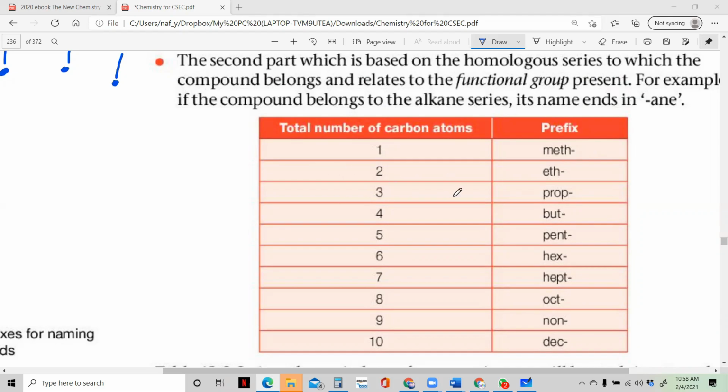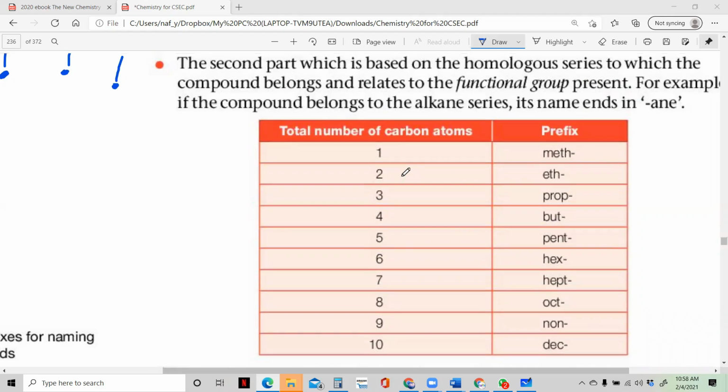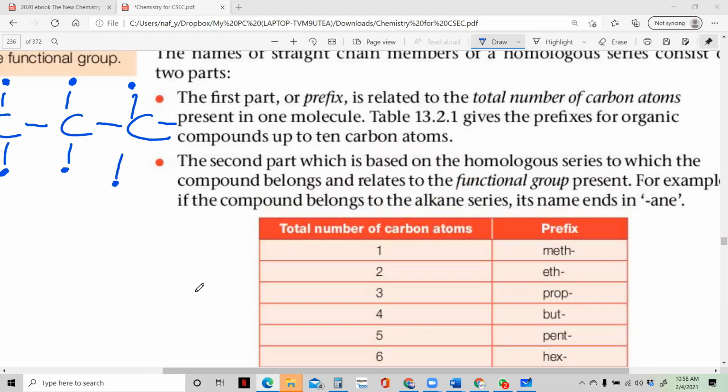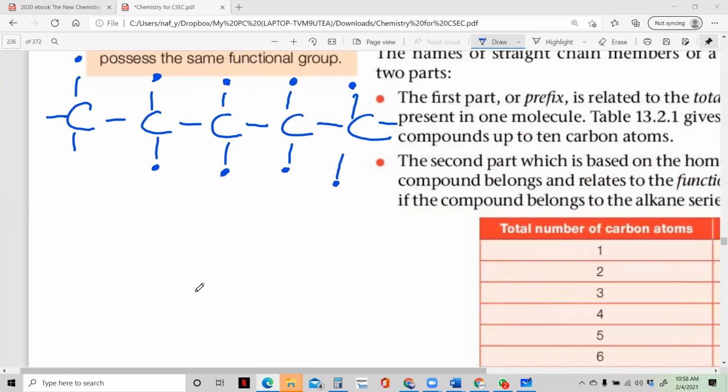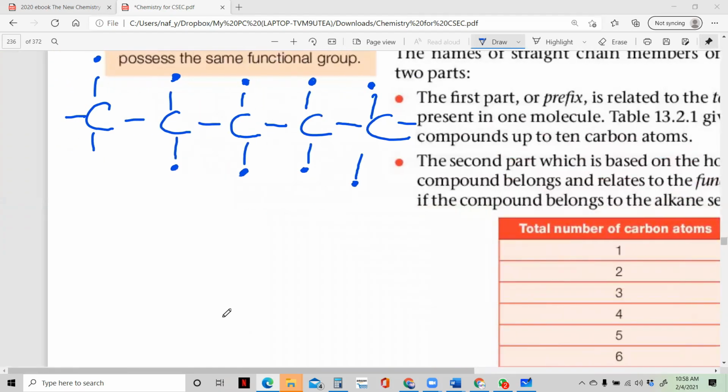How is it that you're going to know the difference? The difference comes in the ending. All right. So when we're naming our organic substances, ladies, it is just like when you're naming human beings, you're naming kids. There's a first name and there is a last name.